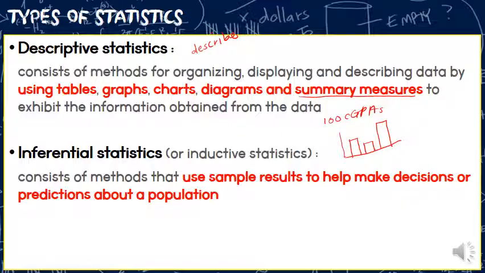Summary measures tu apa? Mean, median, mode. Apa lagi? Okay, maybe kita boleh tengok maximum value, minimum value. Contoh, daripada 100 CGPA yang you dapat tadi, you calculate your mean.